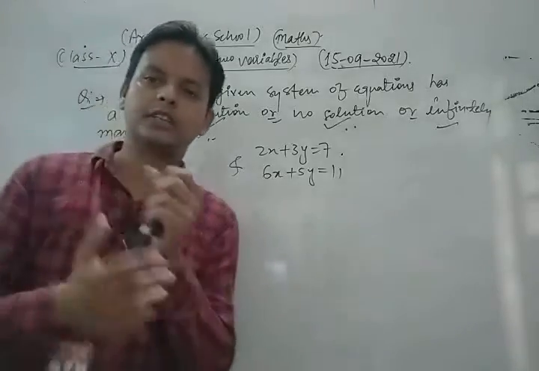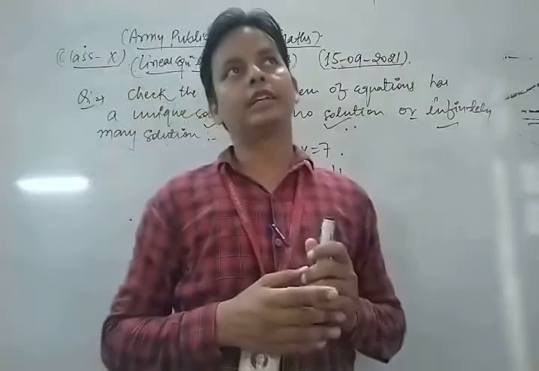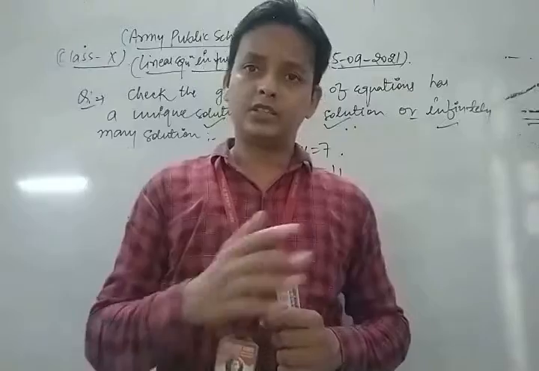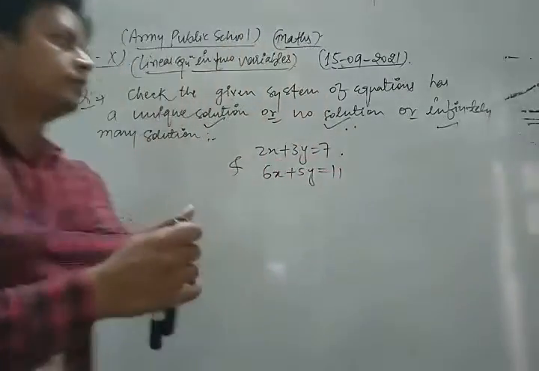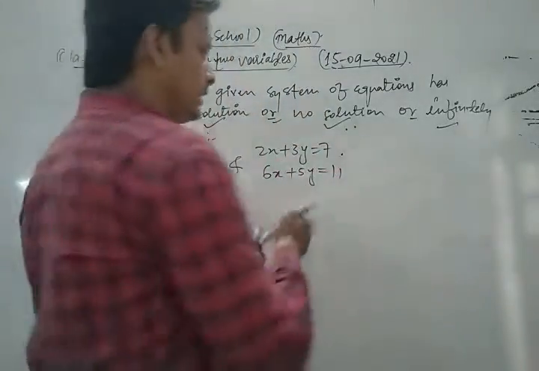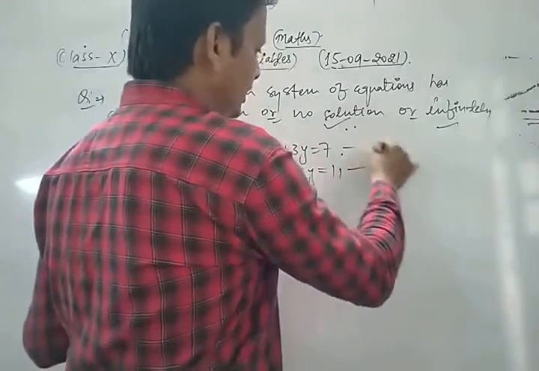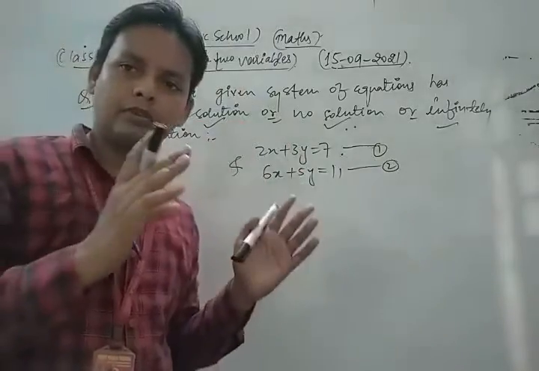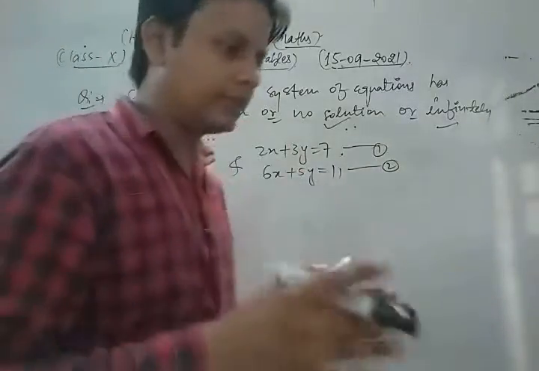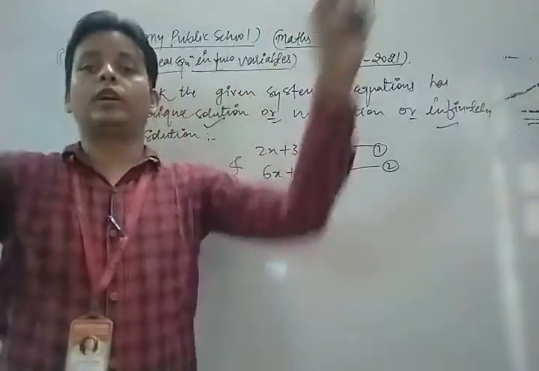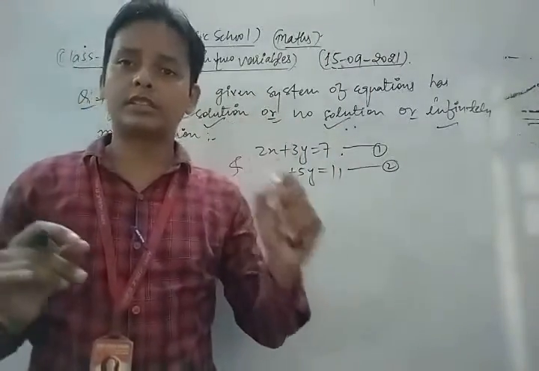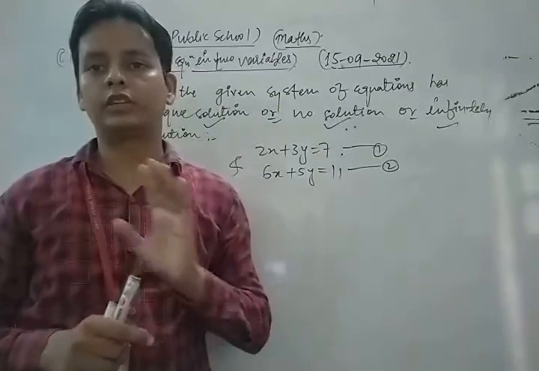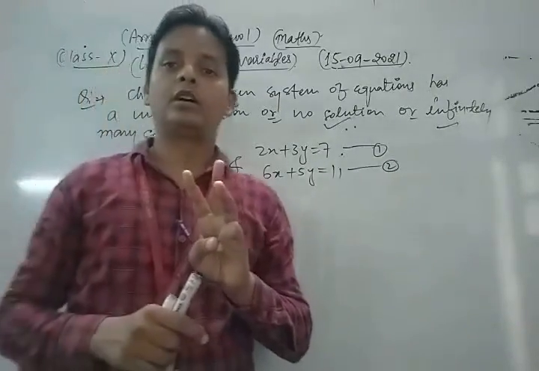We check whether the given system of equations has infinitely many solutions, no solution, or a unique solution. Okay, now look. This is equation 1, this is equation 2. So dear students, for that type of question we always remember the conditions of solvability of a system of linear equations, with three important conditions.